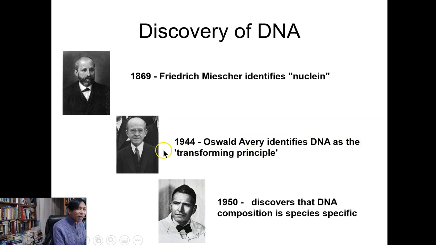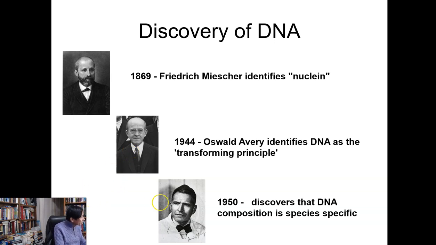He looked at bacteria and found that proteins are not the transforming principle, the property of the organism, but something else. So he didn't identify DNA, but he discovered the transforming principle.